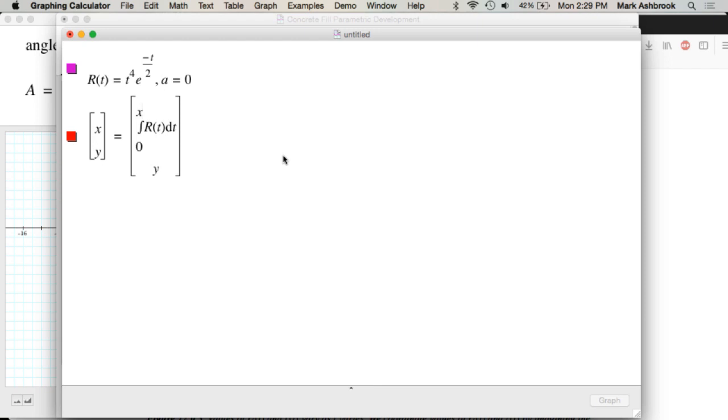Since I've defined a starting at 0, we could put that a in there, and if we want to start at a different time, we could just change a. So either a or 0 will work for this case, but to be generic, we can do a. All right, and then what about y? R of t, right?